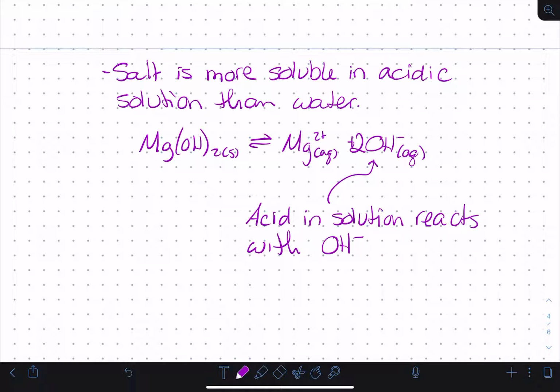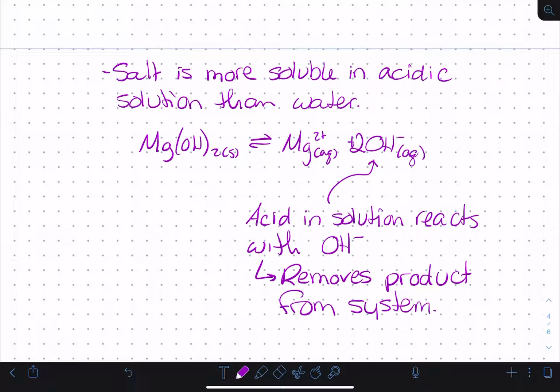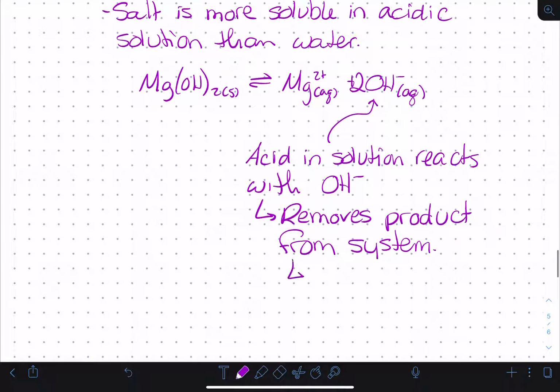When it reacts, that hydroxide is no longer there, so we're removing that product from the system. Oh hey, now this looks just like a Le Chatelier problem. If we remove product, our equilibrium is going to shift to the right in order to reestablish equilibrium.